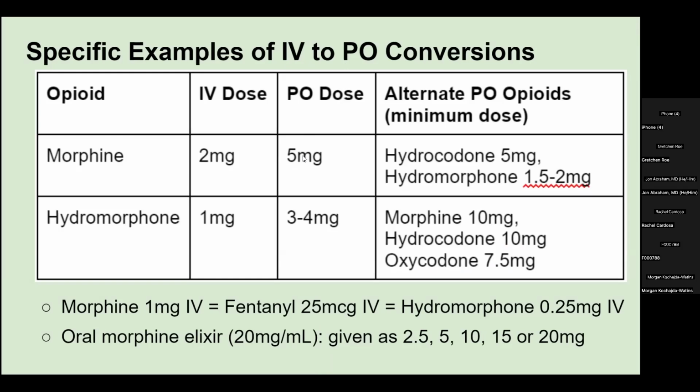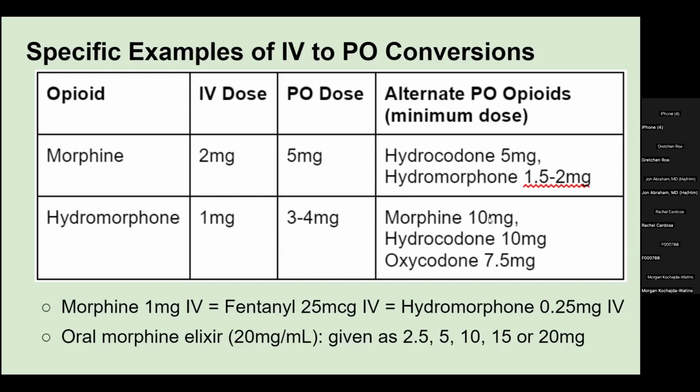There's a pre-filled syringe of Roxanol, which is the morphine elixir. It comes as 2.5 milligrams or 5 milligrams. So that's why this is a handy conversion. Also note, once again, morphine and hydrocodone are the same. Hydromorphone is more potent. And for hydromorphone, I like the 1 to 10, which tends to, again, err on the lower side.